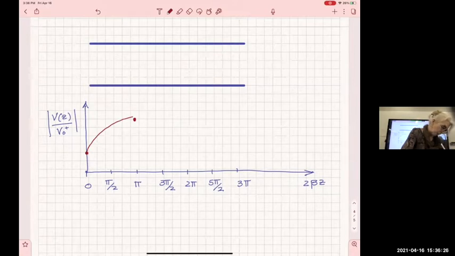Because I plotted that one, okay? And then it goes down, at 2 pi it will go like that. And then it's going to go like this, and it's going to stop at the maximum value here.